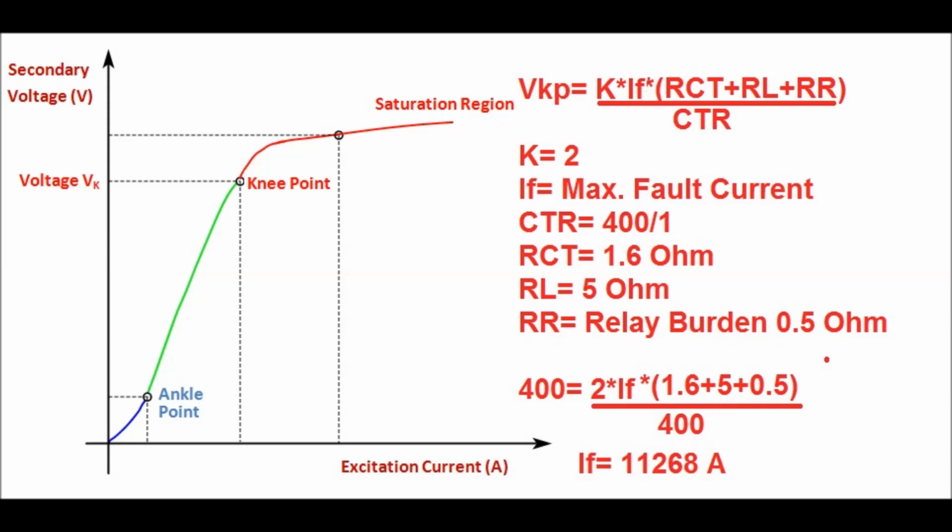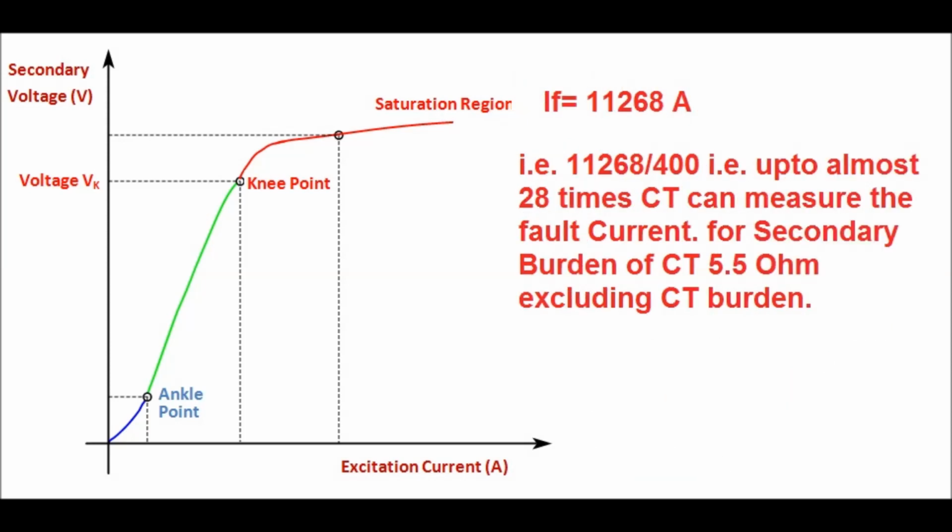Beyond this fault current, the CT will be saturated. The primary current will increase, but the relay will not sense the primary reflection of the secondary current. So IF in primary value is 11,268, since CT ratio is 400 by 1, that is up to 28 times of the rated secondary current it can measure the fault current.